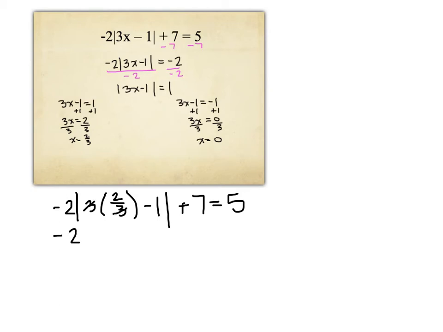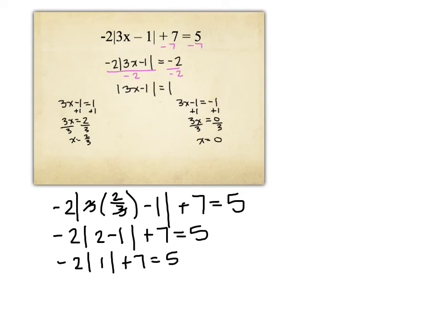I get -2 times the absolute value of 2 minus 1, plus 7 equals 5. And here I get -2 times the absolute value of 1 plus 7 equals 5. And that's -2 plus 7 equals 5, which gives me 5 equals 5. So that is a solution.